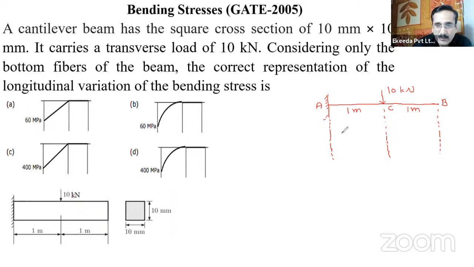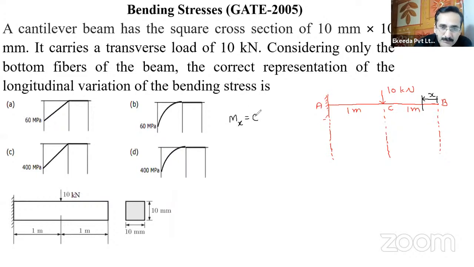So what will be the bending moment diagram? You can take a section to find out the bending moment. You can take a section here at a distance x from the free end. And what will be Mx? Mx is the moment of all the forces to the left or to the right of the section. To the right of the section, there is no force, so there is no moment.